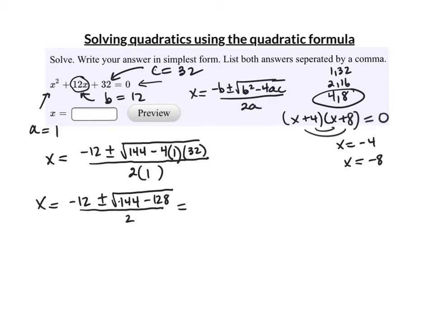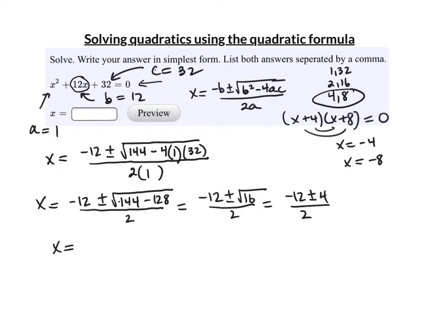I'll go sideways here. 144 minus 128 is 16. So this is -12 plus or minus the square root of 16 over 2. This is -12 plus or minus the square root of 16, which is 4, over 2.